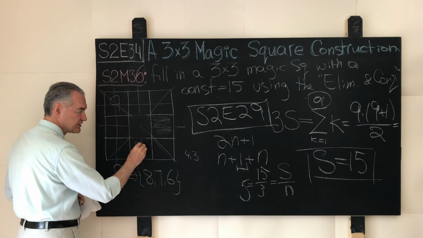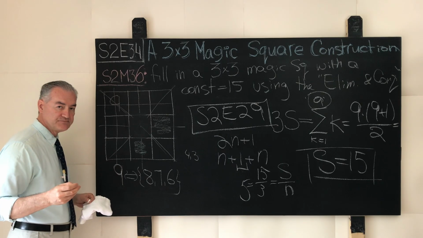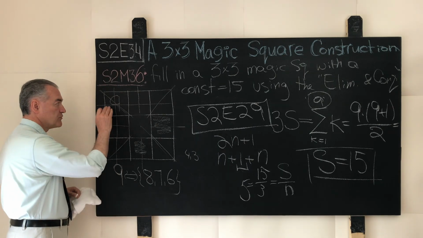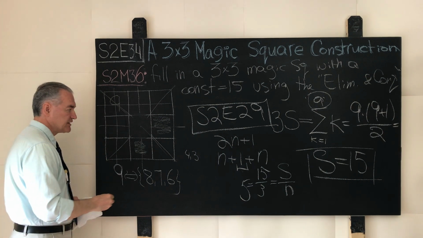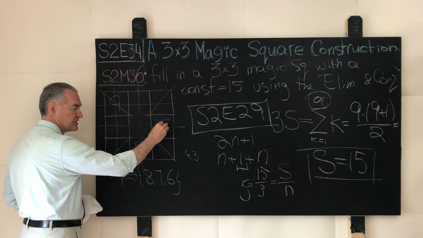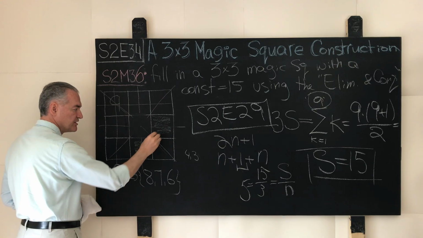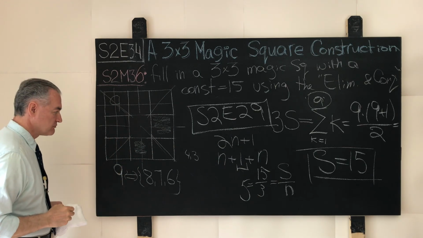These two cells of our 3x3 magic square are sufficiently separated spatially from the usual suspect 9. Would you agree? If we place a number in this cell or in this cell, then we hide the numbers in these cells from participation in the sum with the number 9.